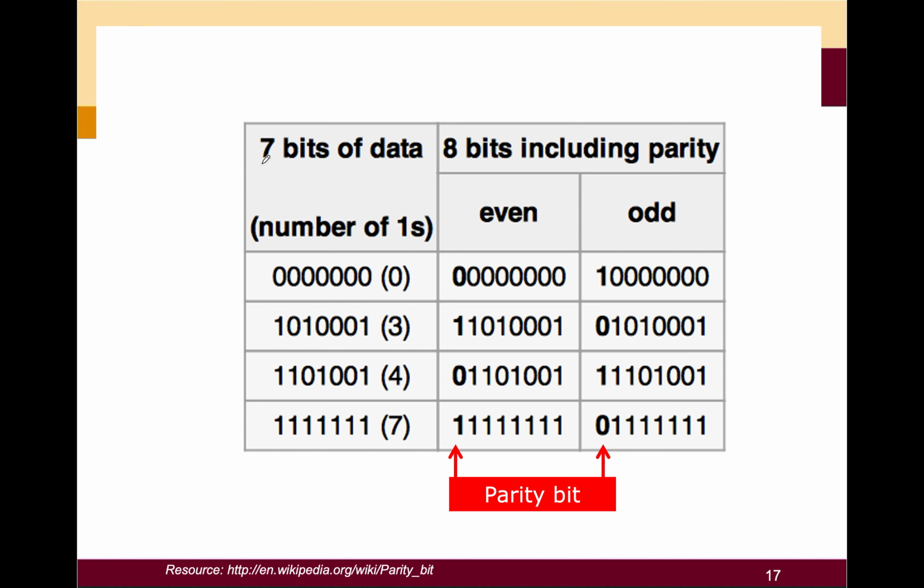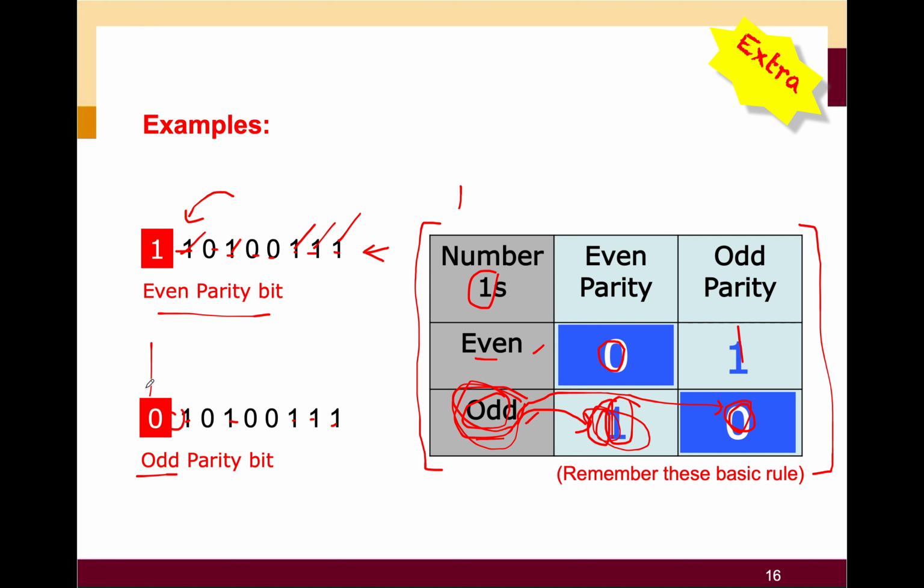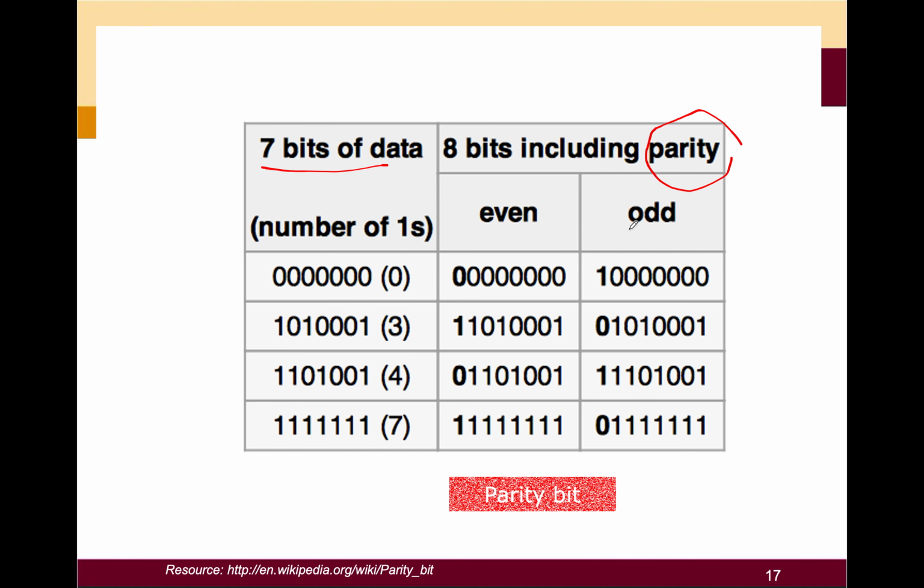If let's say in the 7 bits of data, you want to add the bit including the parity. So the parity that you're going to add is the parity bit, which is added depending on these tables. So over here you have 0, 0, 0, 0, 0, 0, 0. How many digits 1 are available in this number? None, right?